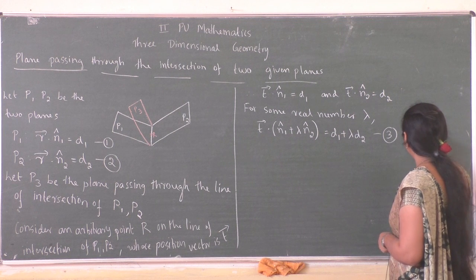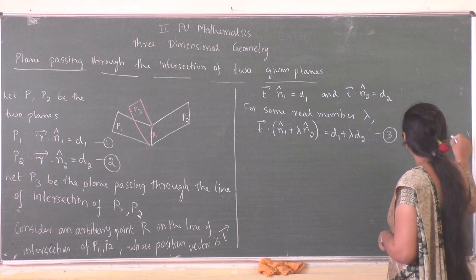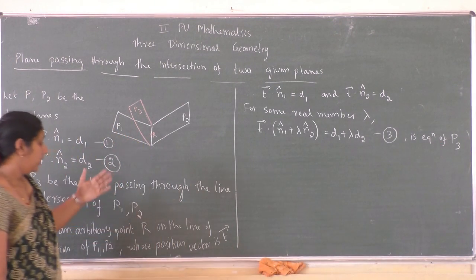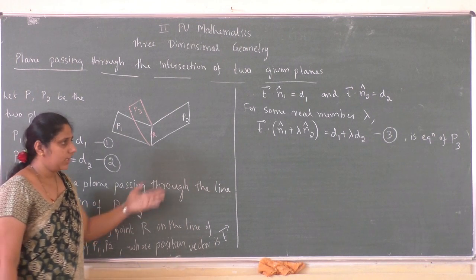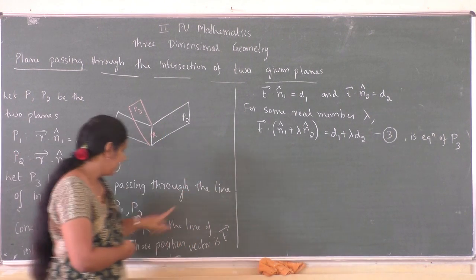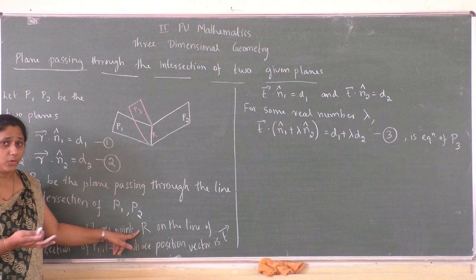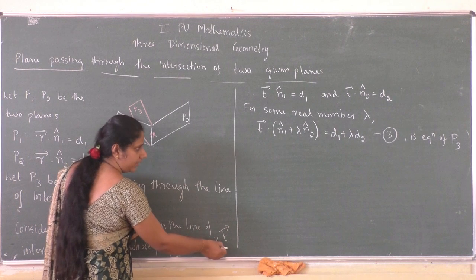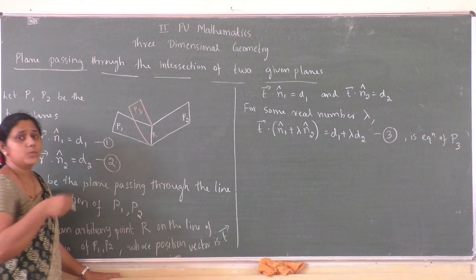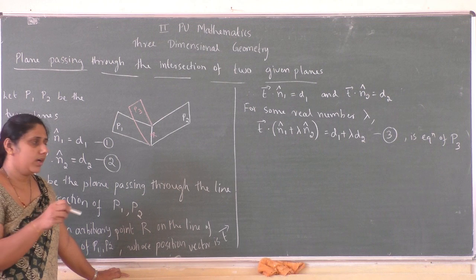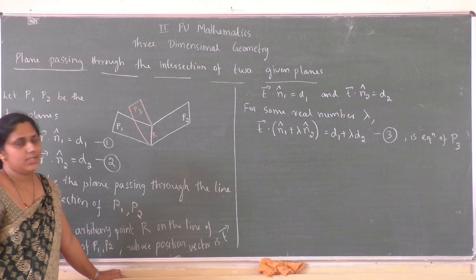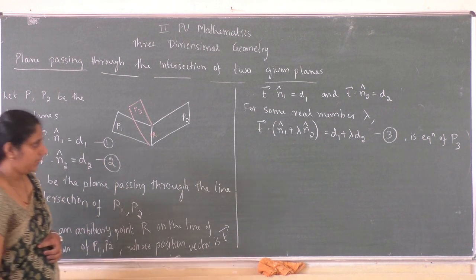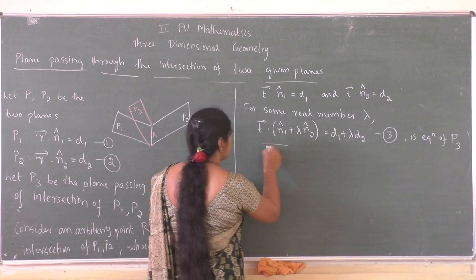So this is the equation of plane P3 which is passing through the line of intersection of P1 and P2. Why can we take this? Since here we are taking R as an arbitrary point, a general point whose position vector is T vector, correct? So T vector is the position vector of an arbitrary point, so equation 3 is the equation of the plane passing through the line of intersection of the given two planes. So for which case is this?